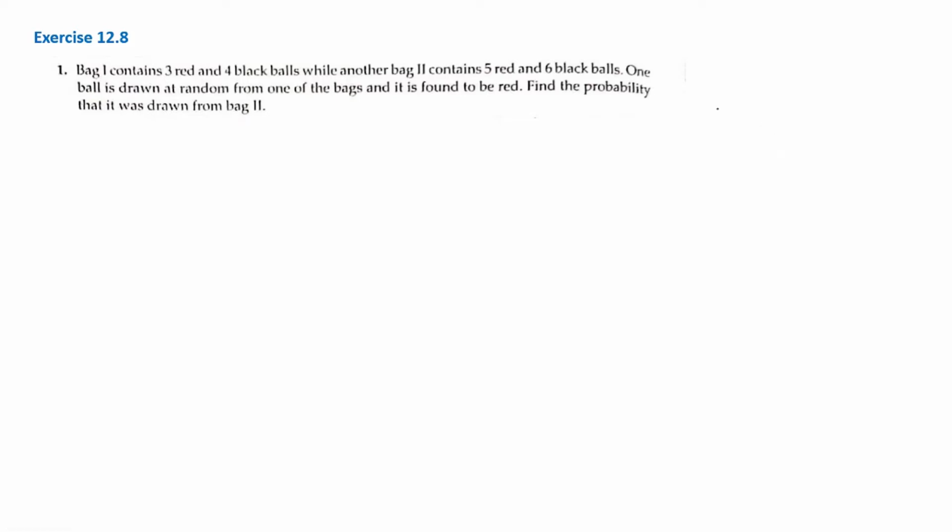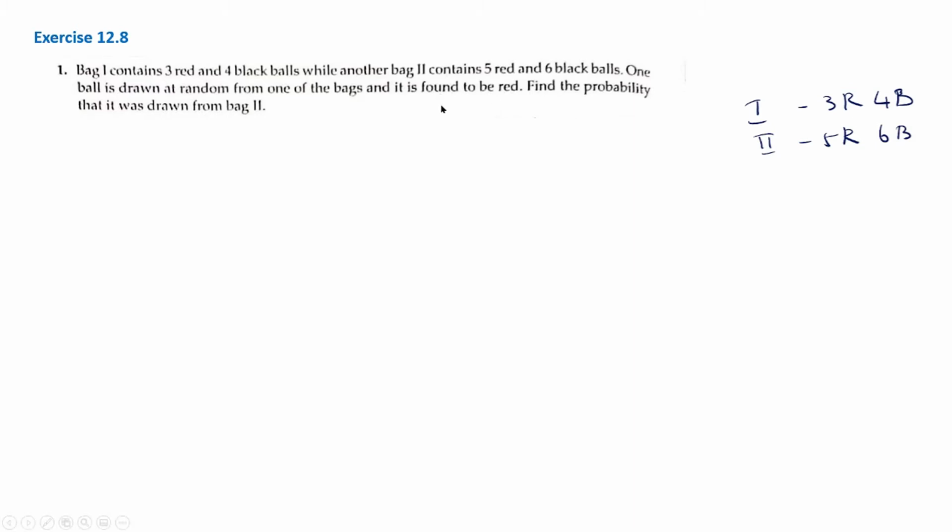So here we have 2 bags, bag 1 has 3 red and 4 black balls, and bag 2 has 5 red and 6 black balls. Now one of the bags is selected at random and a ball is drawn. It was found to be red. We need to find the probability that it was drawn from bag 2.